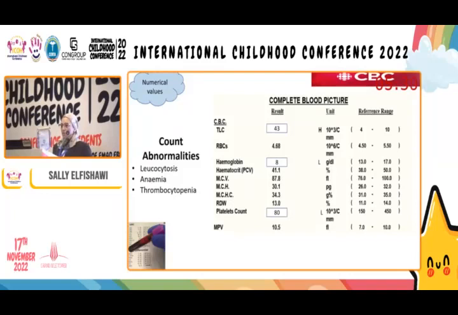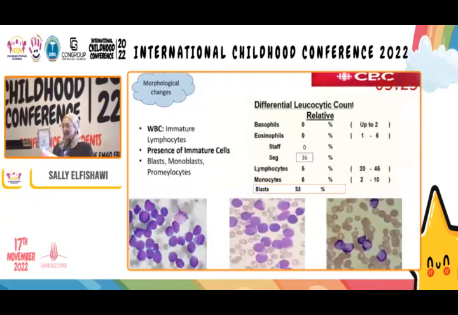When you see an increased total leukocytic count, the next thing is you look at the morphology and check for any abnormalities in the white blood cells, in the form of immature lymphocytes, blasts, monoblasts, promyelocytes, anything that indicates an immature white blood cell. This is a very important trigger to show you that you should think seriously.